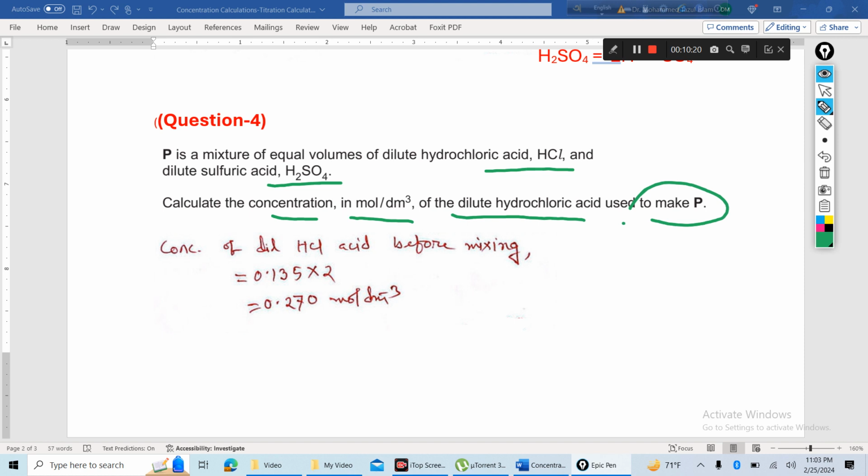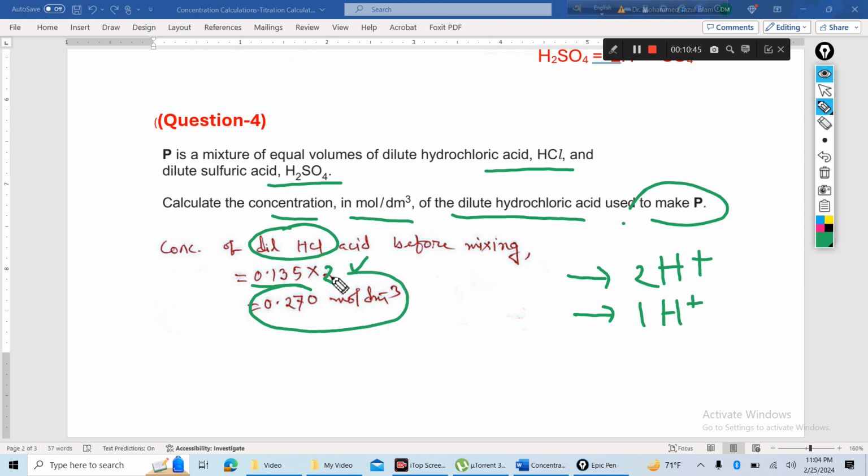So sulfuric acid gives 2H⁺, hydrochloric acid gives only 1H⁺. So the hydrochloric acid concentration needs to be 2 times more. This is the hydrochloric acid value, 0.135 times 2, so this concentration will be 0.27 mole per dm³.